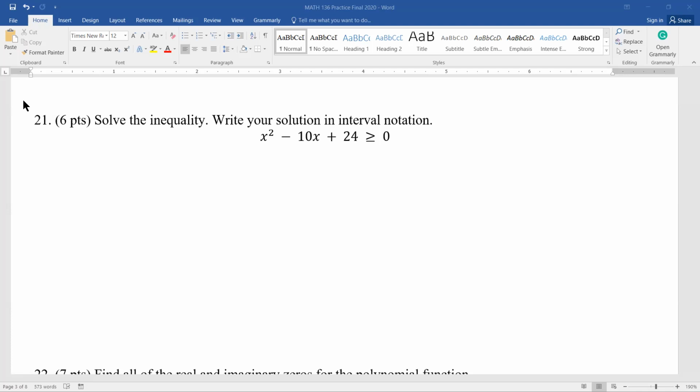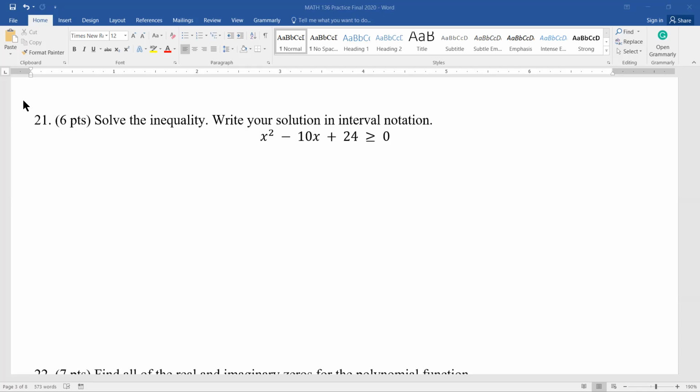And then I'm going to check the next interval. So I'm going to pick a number that is between 4 and 6. So I would just check 5. So 5's right in the middle between 4 and 6. I don't want to use 4 and 6. So I could use 4.5, I could use 5.5, but 5 would just be the one I would choose.